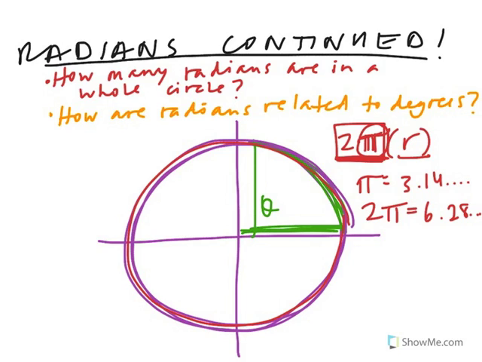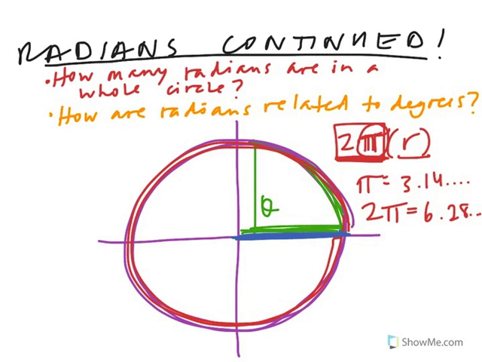Alright? So if the circumference of a circle is 2 pi times the radius, that means that the radius could fit in the circumference about 2 pi, or a little bit more than 6 times. So let's see if we can just sketch that out. Imagine that here's the radius length in blue.